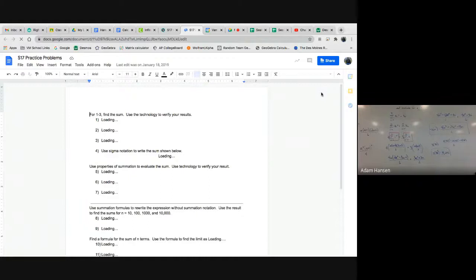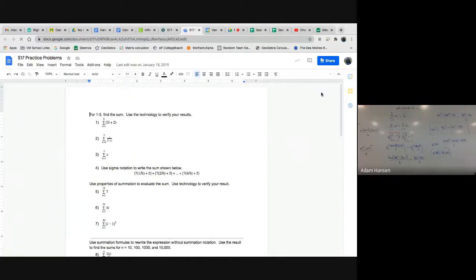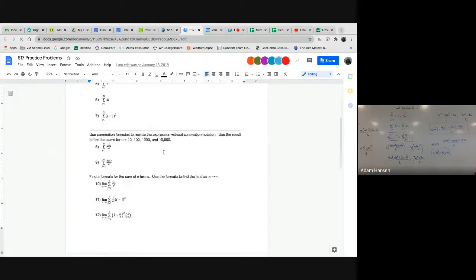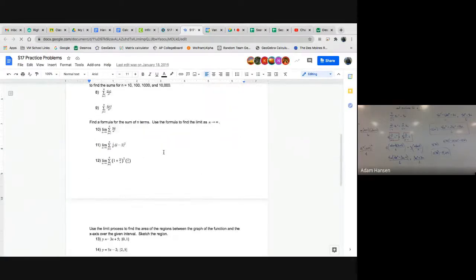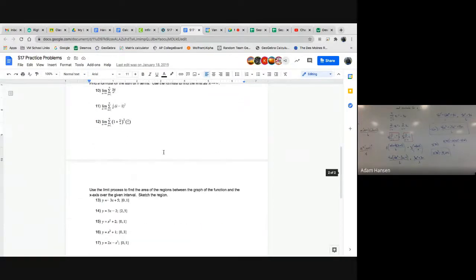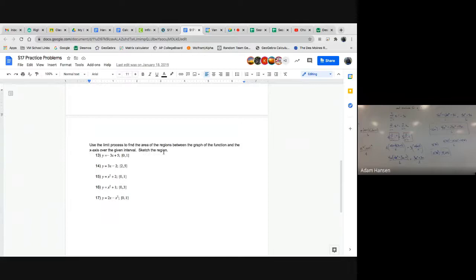If you wanted to get started today, the first 7 are available. After tomorrow's lecture, I'll have through, what is that, 12, basically the bottom of this first page, through the first dozen after class tomorrow, by the end of the week. Does that sound fair? Next week, we're going to get into Riemann sums starting on Monday.